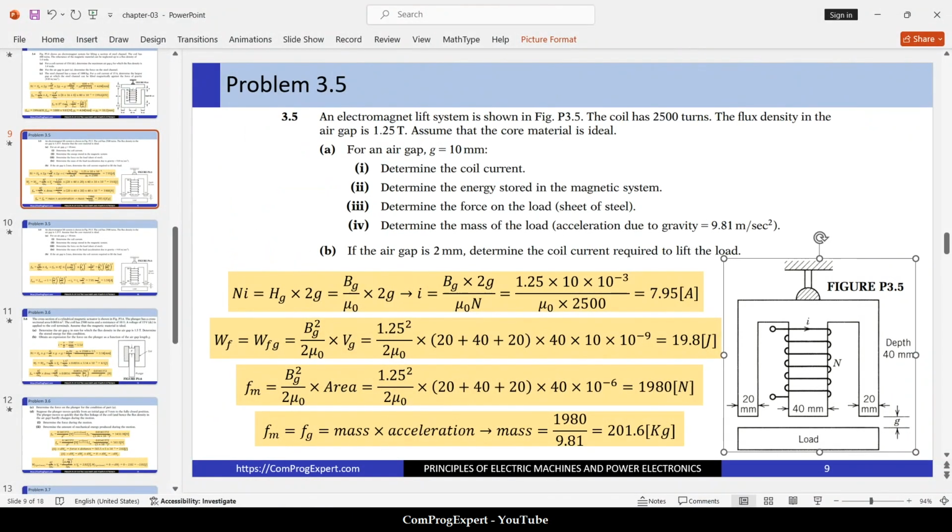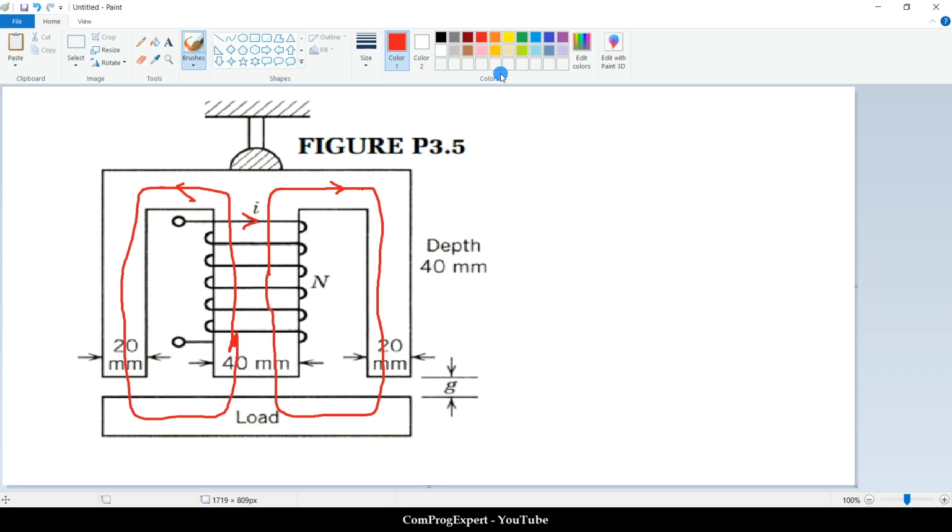So how can we calculate the value of the coil current when the value of the flux density is given and the value of the gap is given? Again, we can write this equation: integral of H dot dl is equal to NI. If you consider this flux line, we have 2 air gaps in front of this flux line.